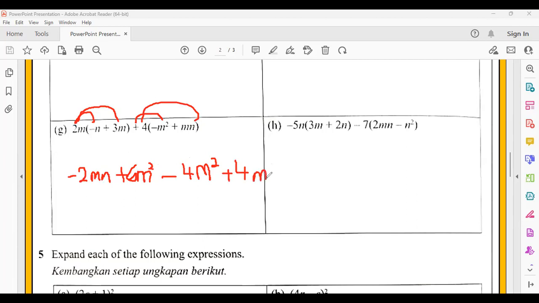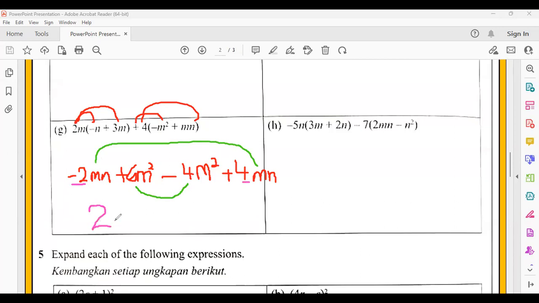Now, the good thing here is there are like terms. What are the like terms? The like terms are 2mn and 4mn, 6m squared and 4m squared. So they are all like terms. So now I can really simplify this. Negative 2 plus 4 is positive 2.